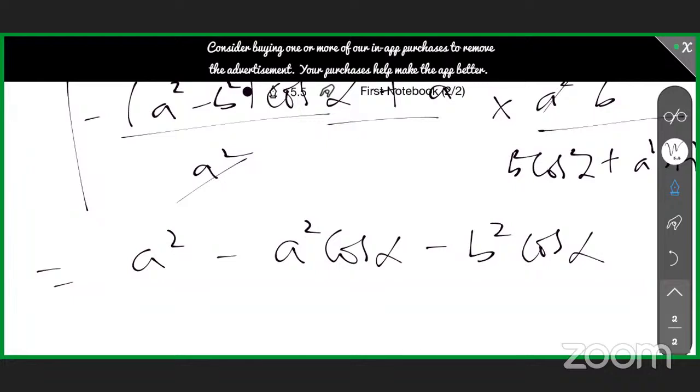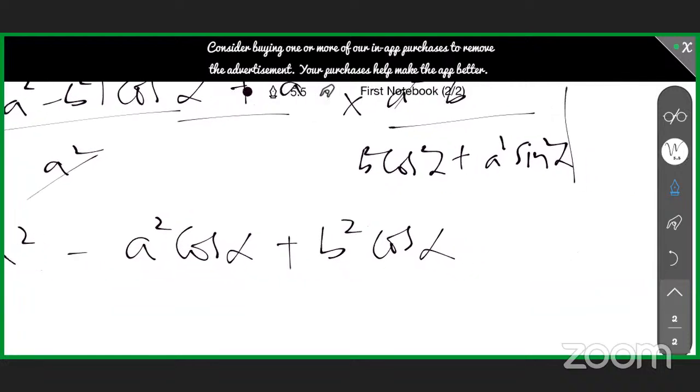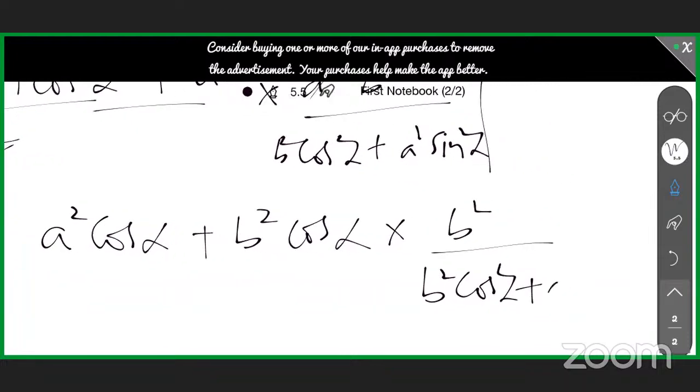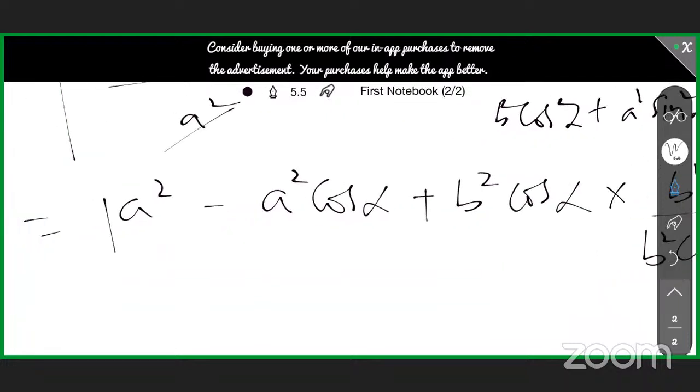It will become plus, the denominator is that into b square by b square cos alpha plus a square sin alpha, modulus.